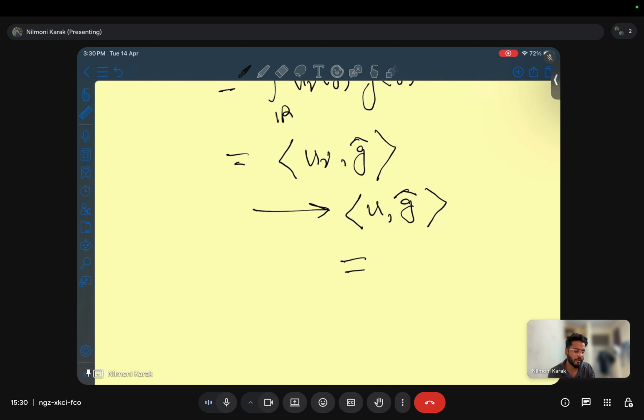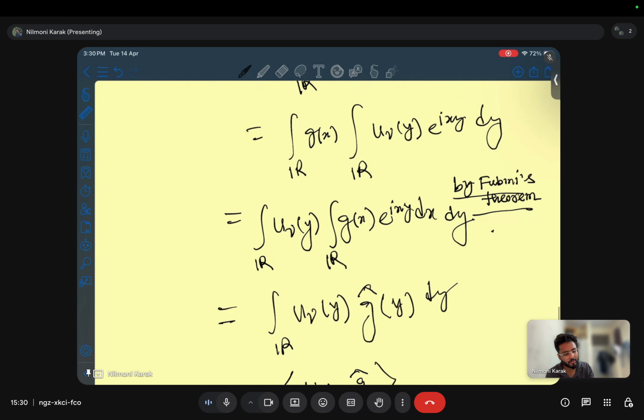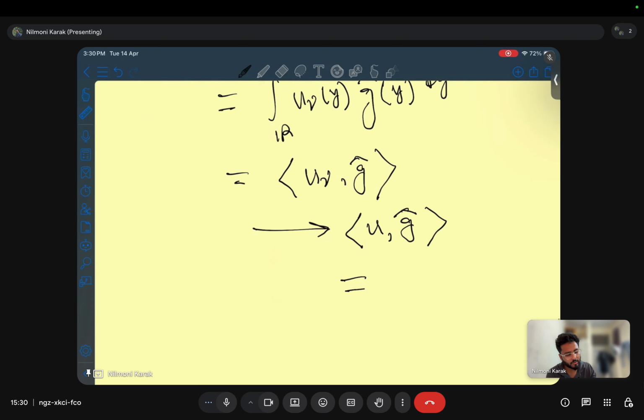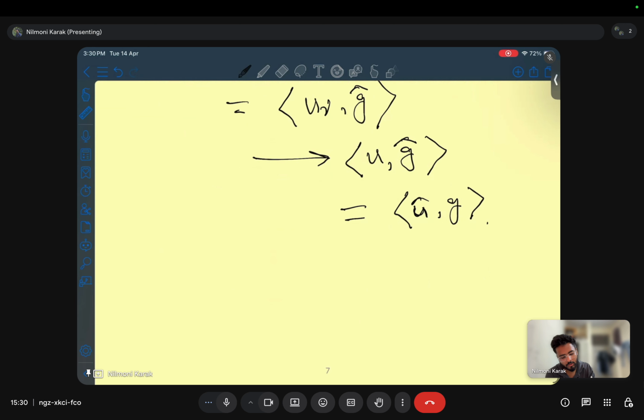And this is the same by the reverse way using Fourier's theorem. This will give you u hat applied to G. Thus, as n tends to infinity, un hat converges weakly to u hat.